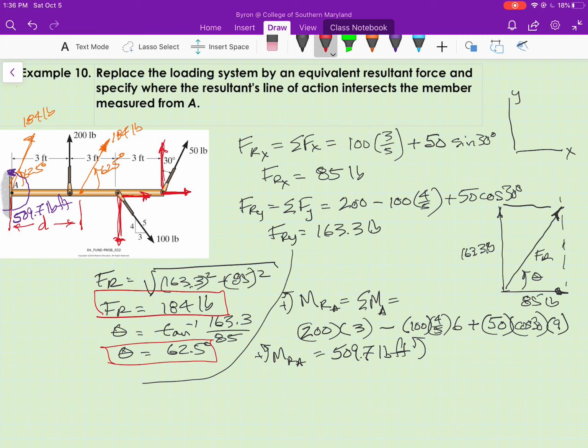Okay, well, let's break the 184-pound resultant force back into its components. It had an X component of 85 pounds, and it had a Y component of 163.3. Let's put those on there.